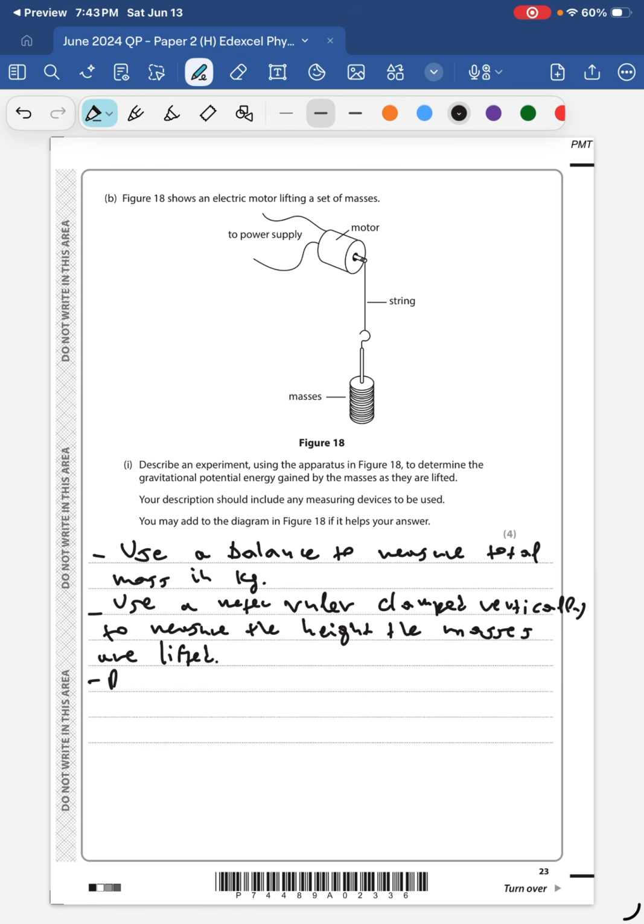Okay, record the starting position of the mass, the starting and final position of the masses.